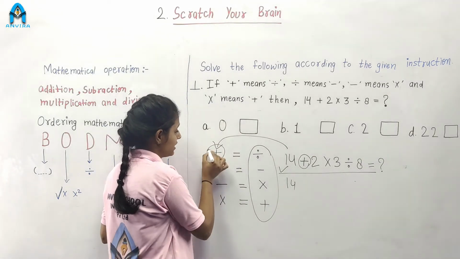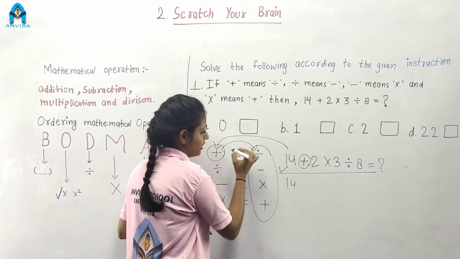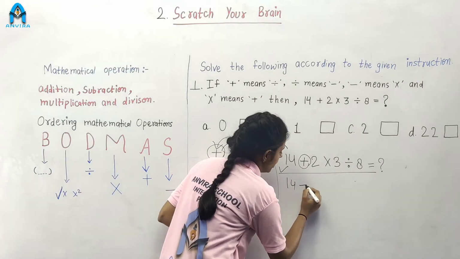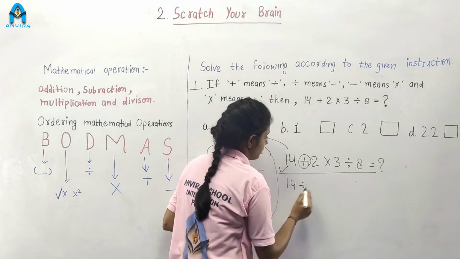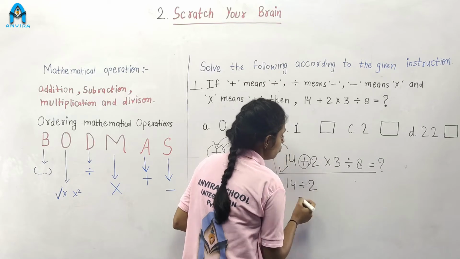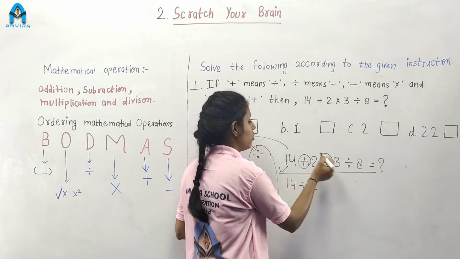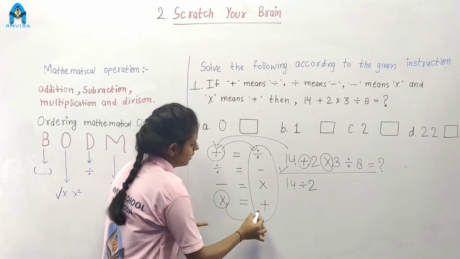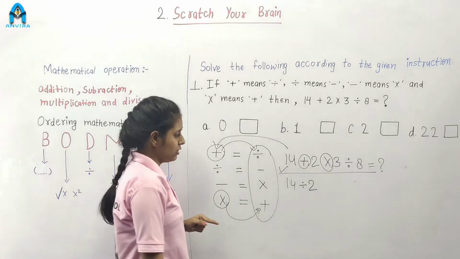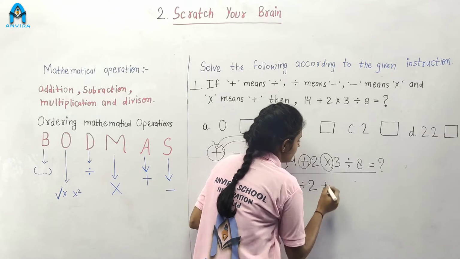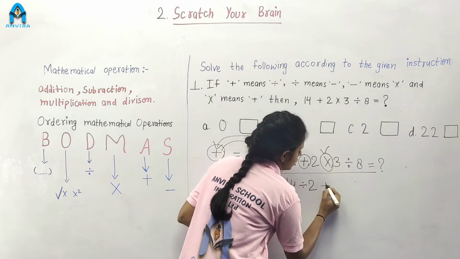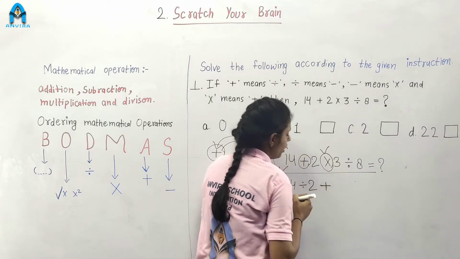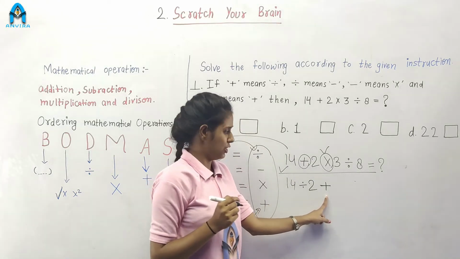The meaning of this sign is divide. So we change it to divide. Now next is 2. What's the meaning of this sign? The meaning of this sign is addition. So in place of multiplication we write the sign of addition.